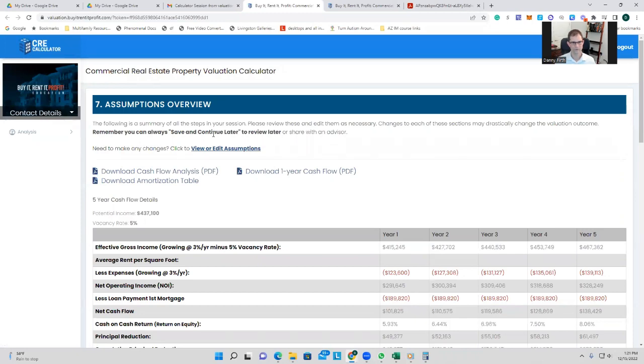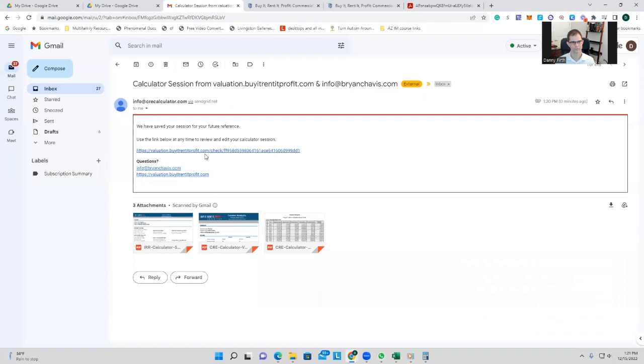And the other thing that is nice is that if you have multiple team members, you have a link to this, and this is a specific link to that specific property. So even if you go back in and analyze a new one, this is not going anywhere. And so you can send this as an email or text or whatever and have somebody else take a look at it, make sure you got all your assumptions right.